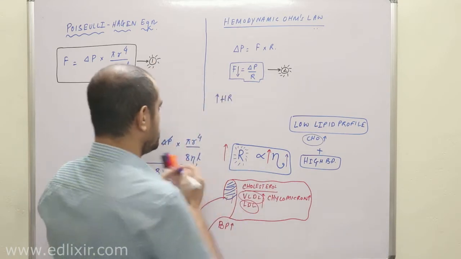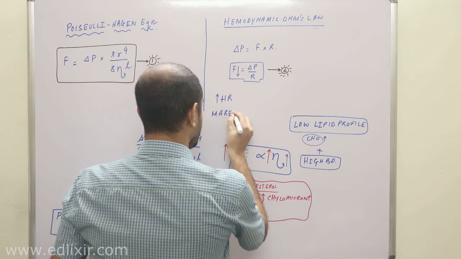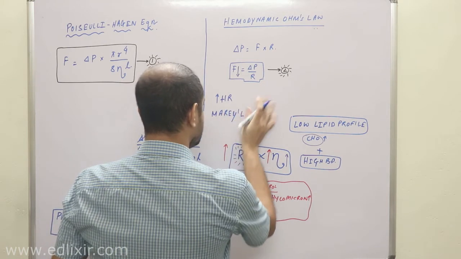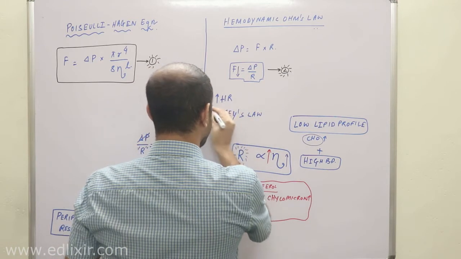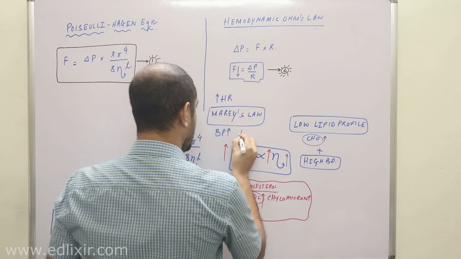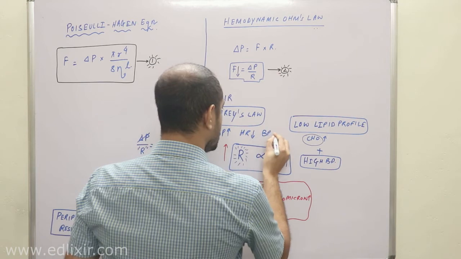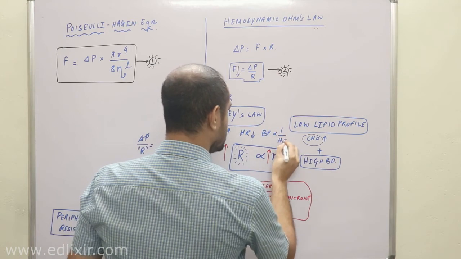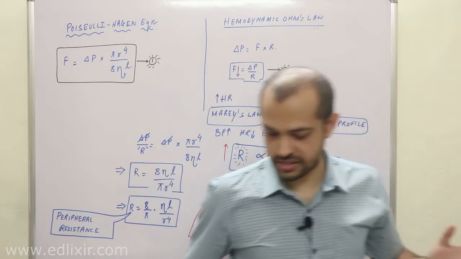Now, what is Mary's law? We will be talking about that in detail, don't worry. In simple words, Mary's law is nothing but when BP is high, heart rate is low. That means BP is inversely proportional to heart rate. Suppose there is a person who is sweating.